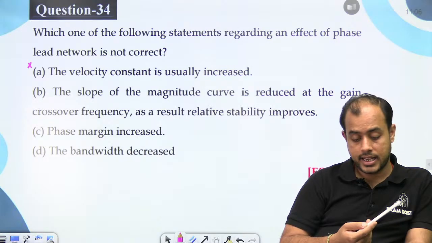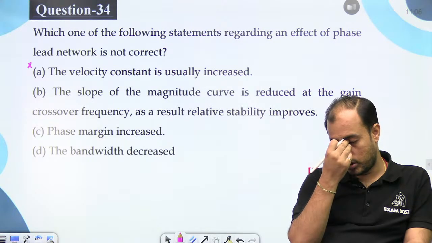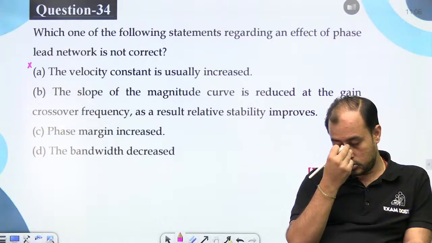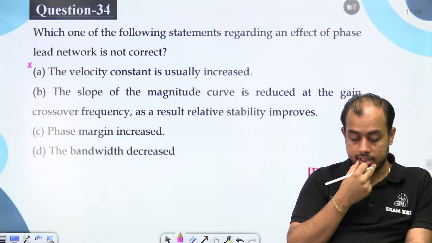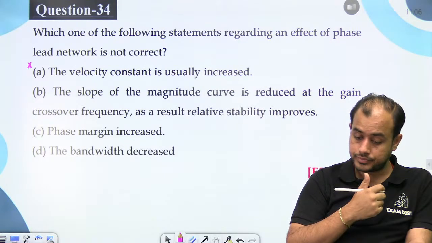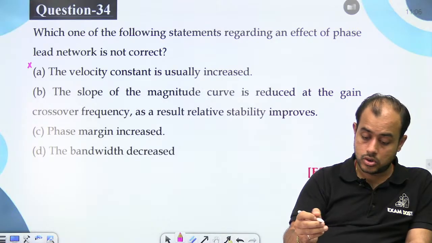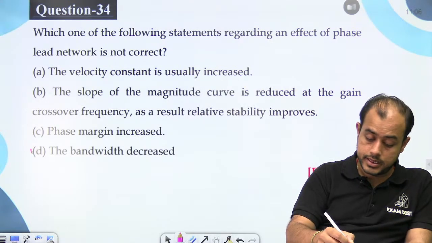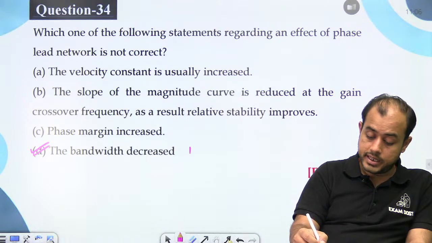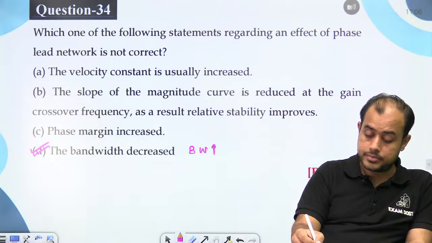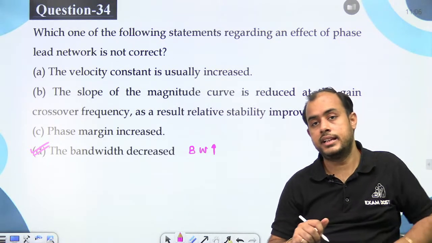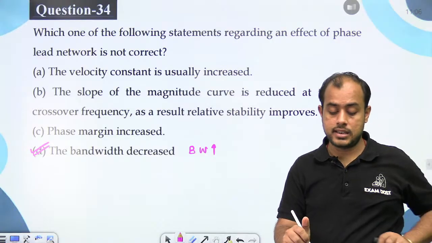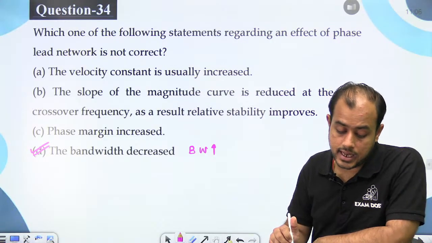So basically it is adding, it is a zero dominant. तो स्लोप कम होगा ज्यादा होगा ये हम नहीं कह सकते. नॉट करेक्ट, बट नॉट करेक्ट पूछ रहा है. डी आएगा. बैंडविड्थ इंक्रीजेस. ठीक है, बैंडविड्थ इंक्रीजेस. इज दैट क्लियर? It will increase the bandwidth.